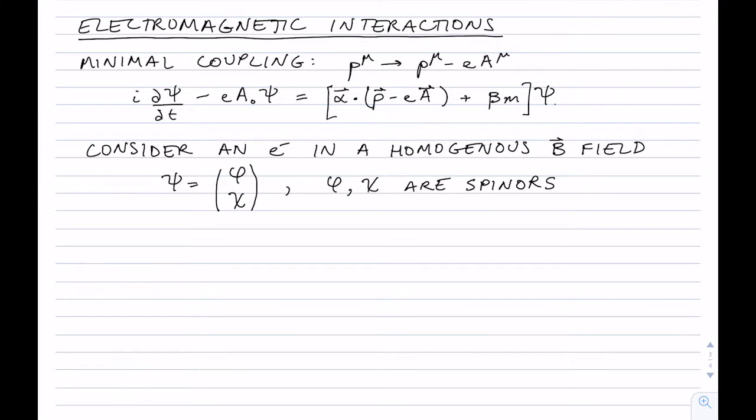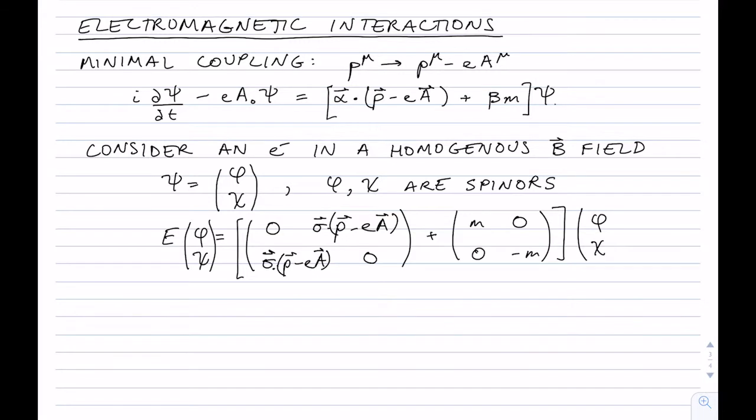So for a homogeneous magnetic field, we will have E psi is equal to, and actually let me write that using our new notation, phi chi equals, so expanding the alpha dot p out, you get something like what we did before, and we can even compress this a little bit further by adding these two matrices together.